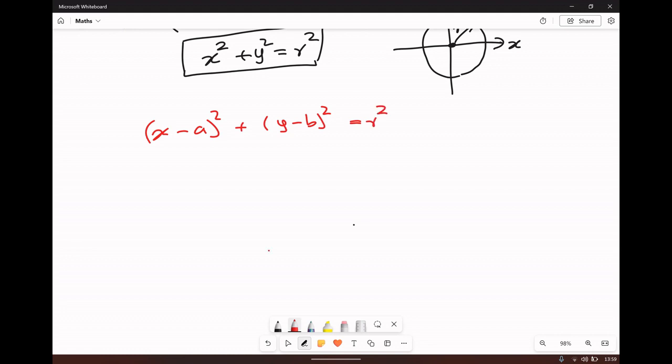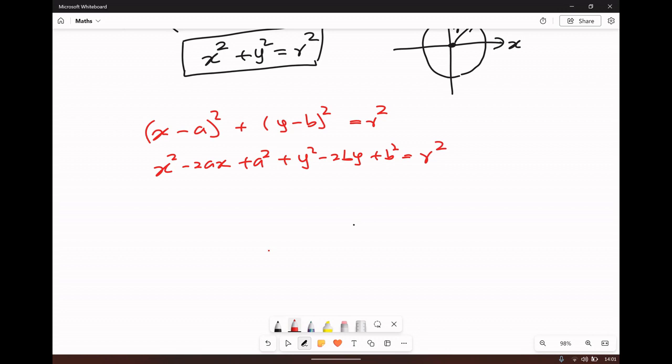Right. So we know that there's another format of the equation of a circle, and we can get that format by starting from the equation here. I'll try to expand the left-hand side of this equation. So we'll get x squared minus 2ax plus a squared plus y squared minus 2by plus b squared is equal to r squared.